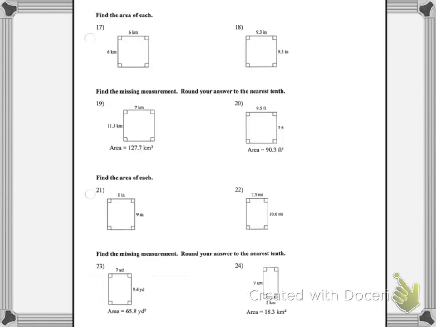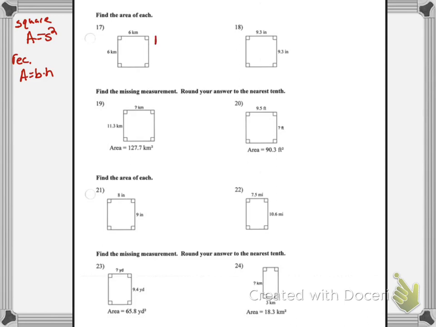Okay, so now we're at the find the area portion. Remember, the area of a square is the side squared, and for a rectangle, area is base times height. Here we can see this is a square because two sides are the same.